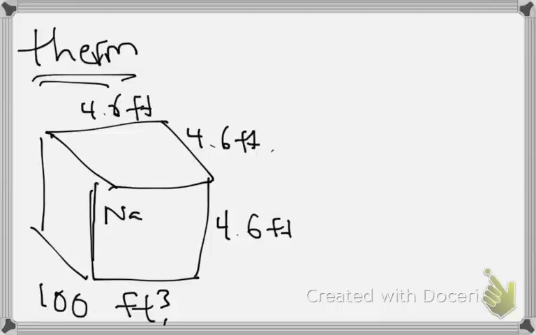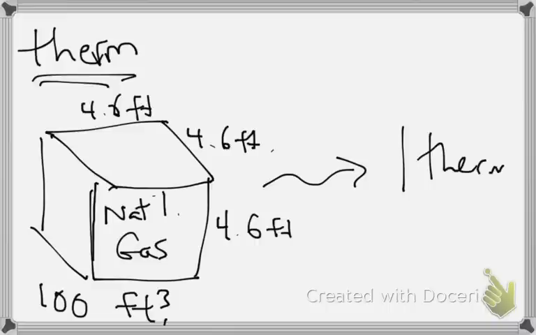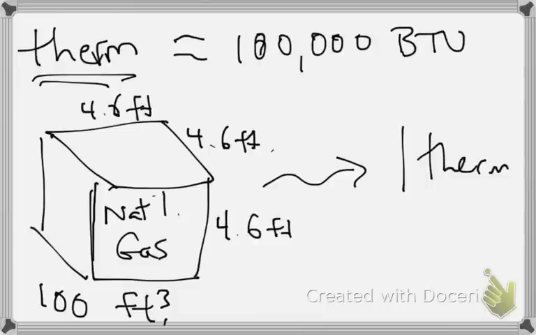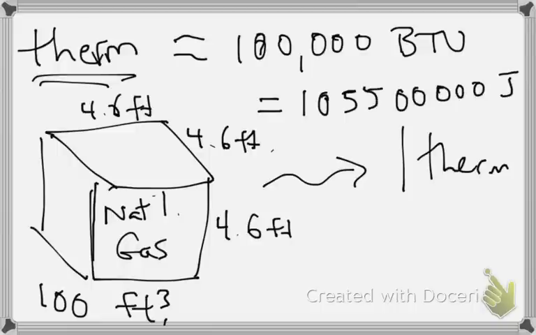Fill that with natural gas, burn it, and you would get 1 therm. Okay, and a therm is approximately 100,000 BTU, or 105 million joules.